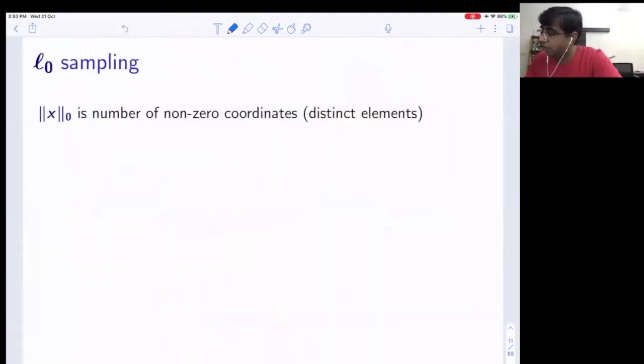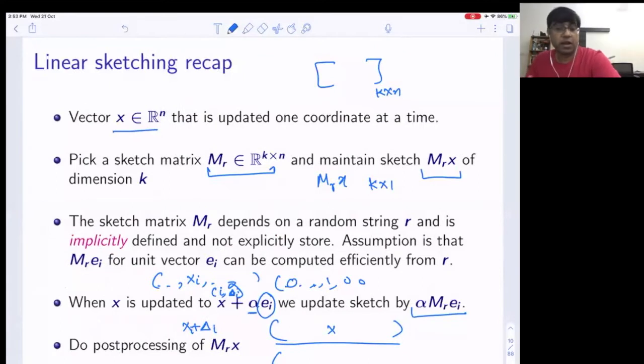We will need this for our connectivity purposes, because as I told you in one of my lectures, everything which works in the turnstile model is nothing but a linear sketch. Of course, this theorem was proved modulo certain assumptions, but basically anything which you can make work in the turnstile model, you have to look for a linear sketch. Essentially you have to look for a matrix M which allows you to do updates both when you're making a positive change as well as a negative change.